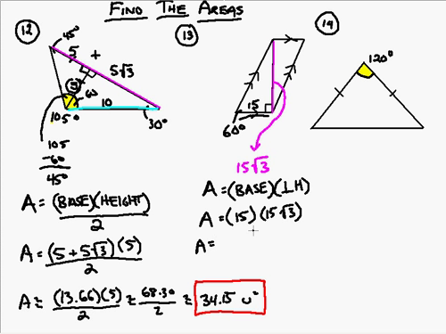So if I multiply 15 times 15, I think that's 225 if I'm not mistaken. So now I have 225 times the square root of 3. If I multiply that out, I get approximately 389.71. So the area here is approximately 389.71 square units.